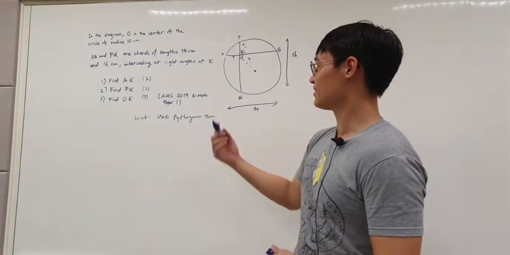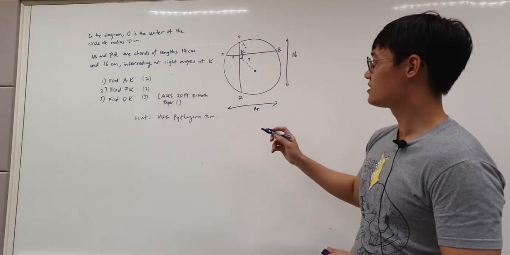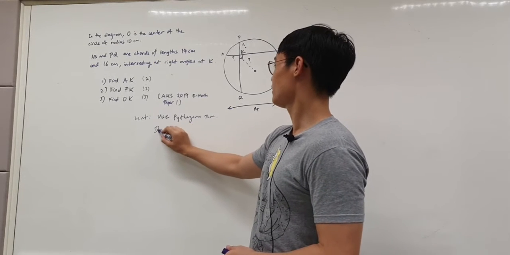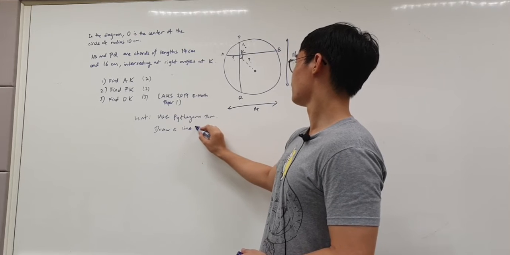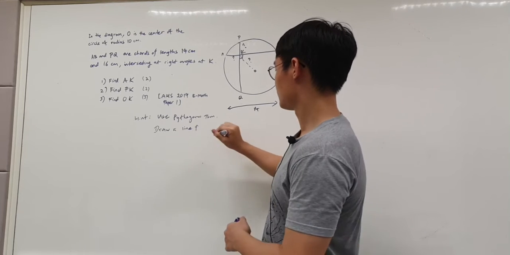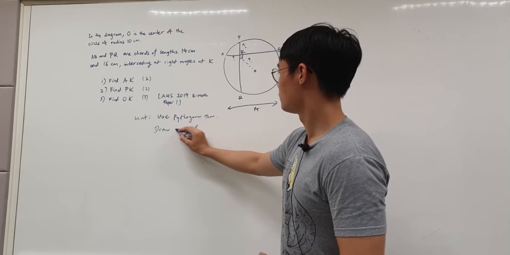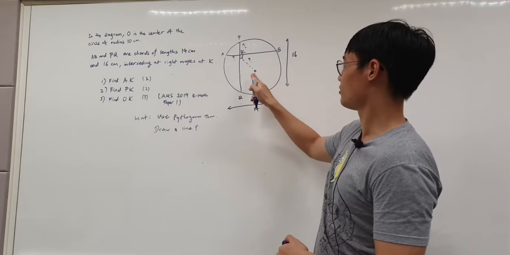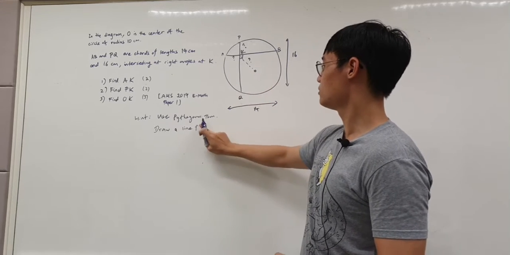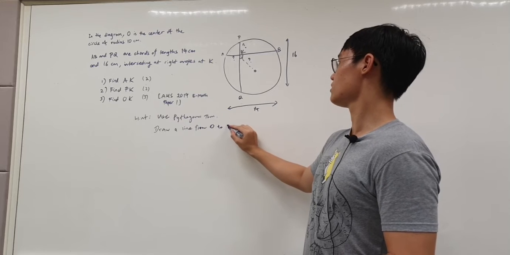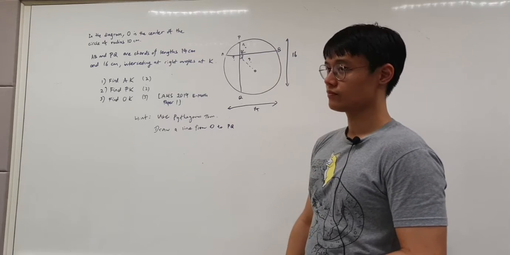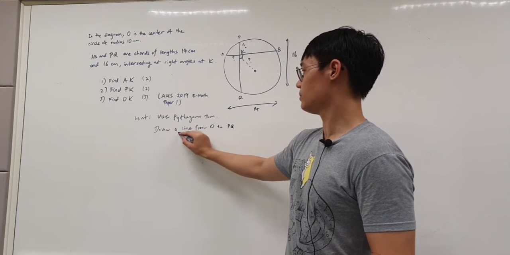The second hint I can give you is draw a line from O to PQ. This line, a perpendicular line.